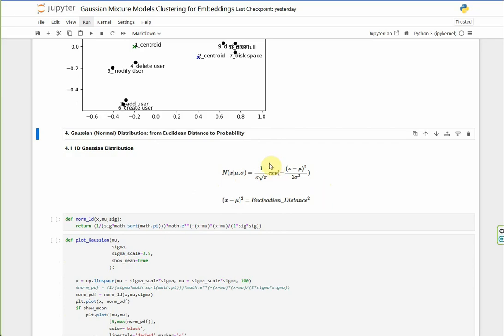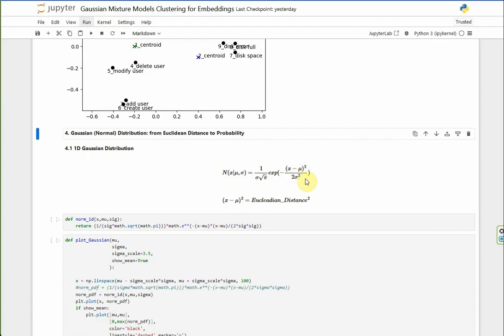We have a component where we take the exponent to the power of x minus mu squared divided by 2 sigma squared, and this fraction comes with a negative sign. So x would be our input, and this is a scalar value. Mu is our mean value for the normal distribution, so this is also a scalar value.